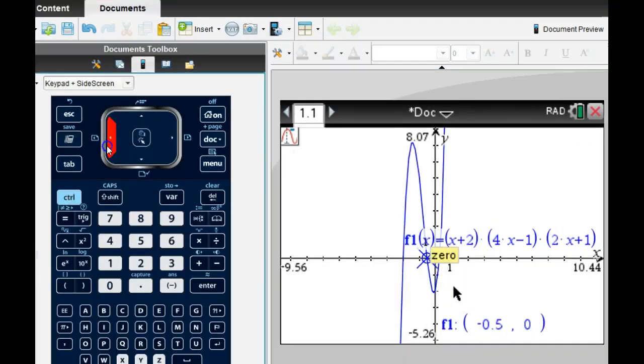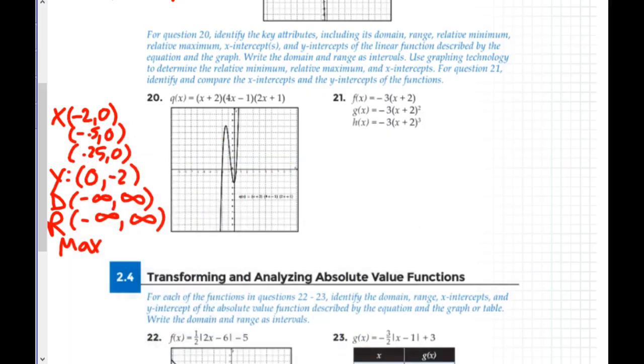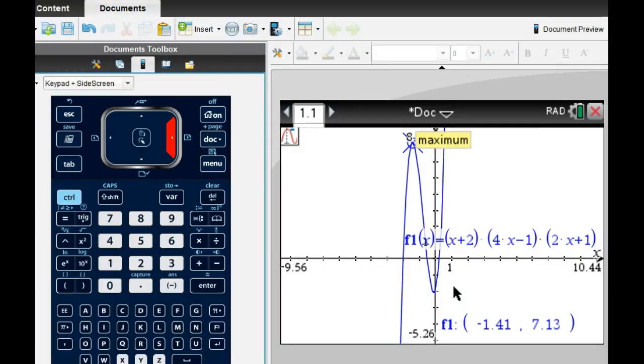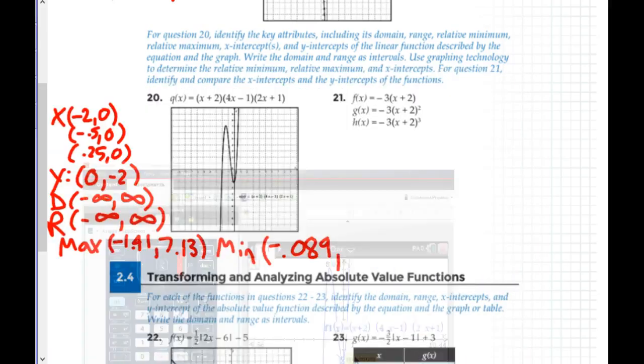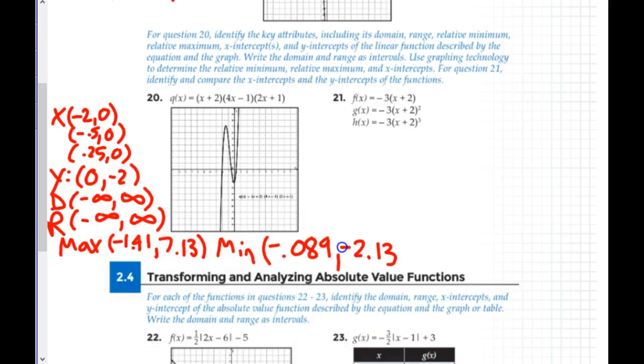Let's go to the top of this hill over here: (-1.41, 7.13). And the minimum, so let's go to the bottom: (-0.089, -2.13). That was a lot. X, y, domain, range, max, min. Wow.